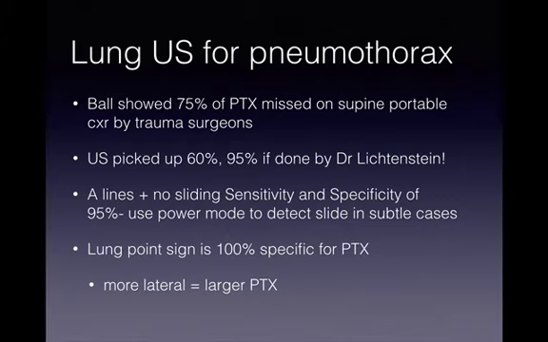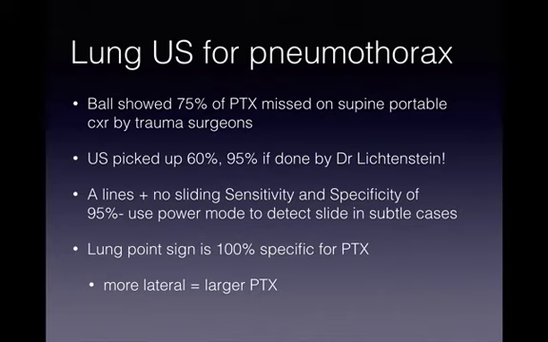So lung ultrasound for pneumothorax has been studied pretty well. Ball showed that 75% of pneumothoraces were missed on supine portable chest x-rays by trauma surgeons. Of those, ultrasound picked up 60%, and a very good ultrasonographer like Dr. Lichtenstein, who's the god of critical care ultrasound, was 95% sensitive.